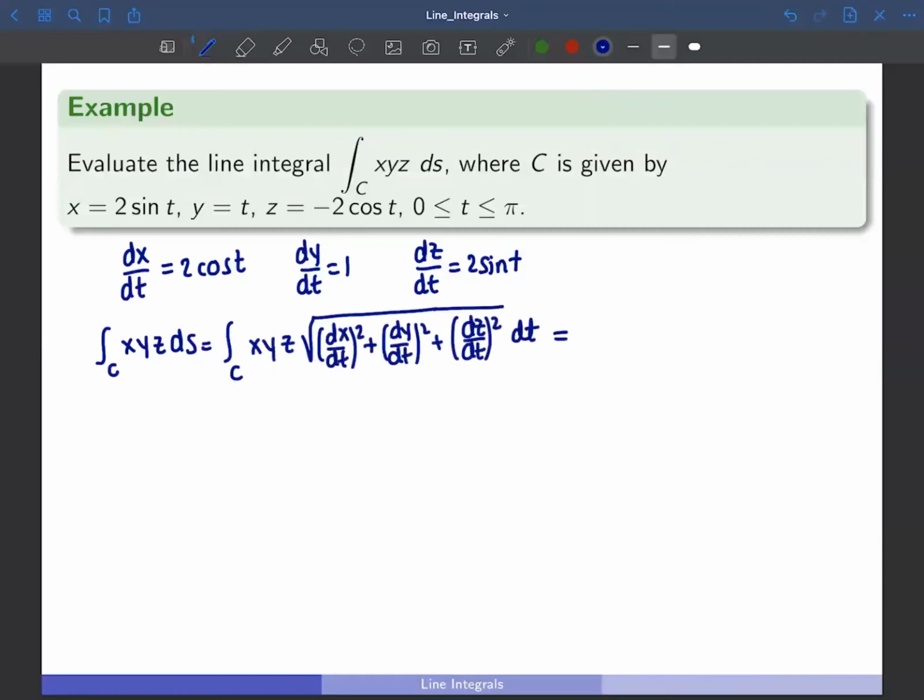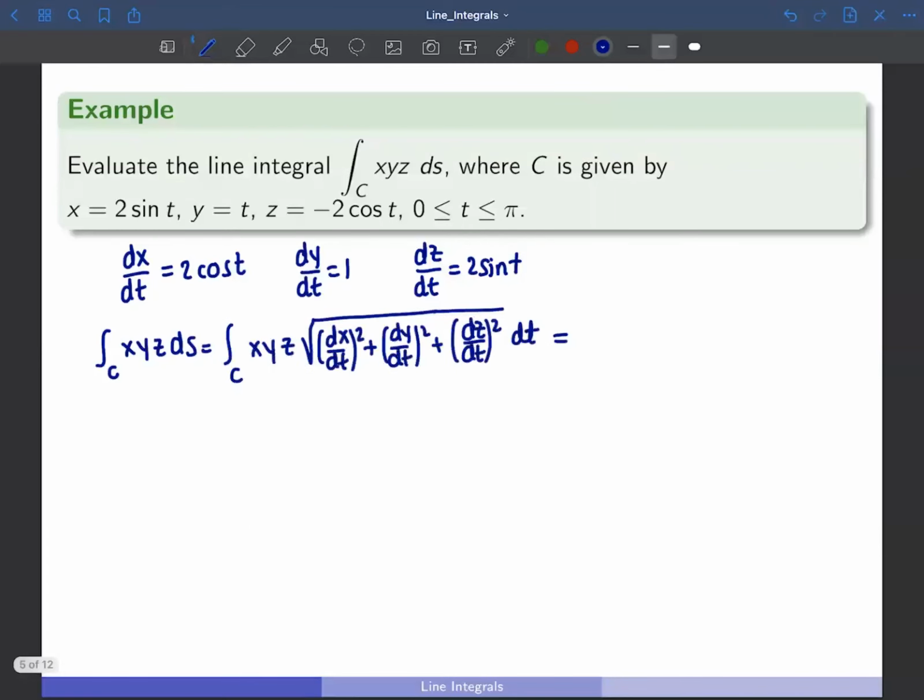We now convert everything to the parameter t. So we have the integral from 0 up to pi, where x is equal to 2 sine t, y is equal to t, and z is equal to negative 2 cosine t.